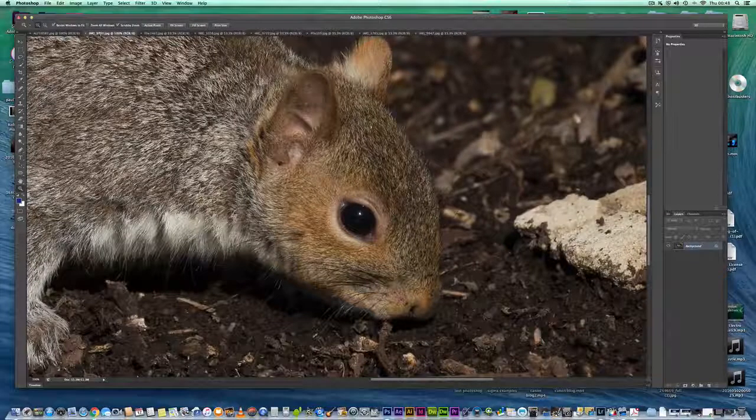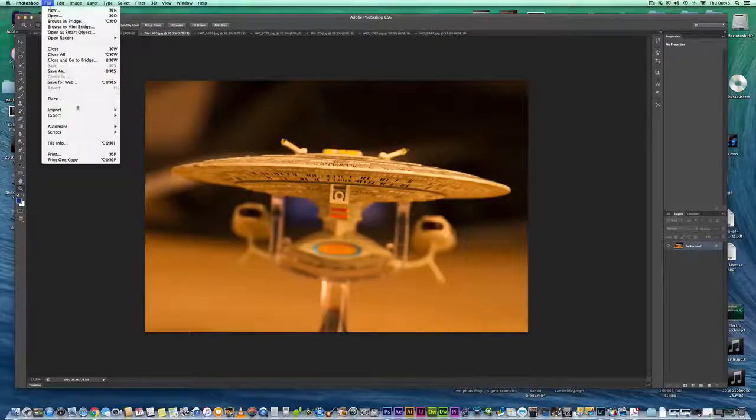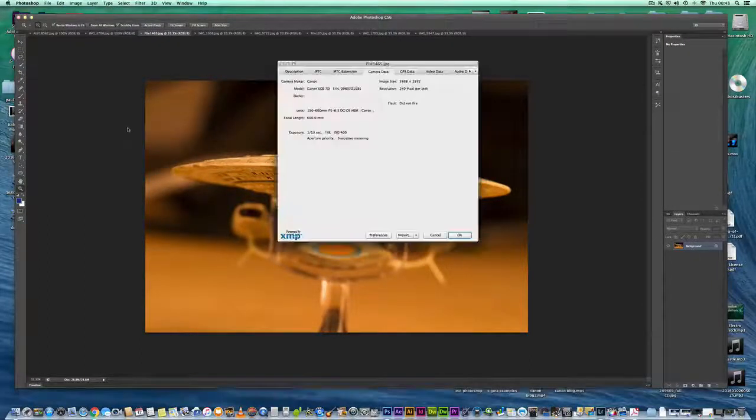Right, the next image. This is on the Sigma. So let's just have a look at the data. 600mm. Obviously it's set to medium settings on the camera. 7D, ISO 400, f8.